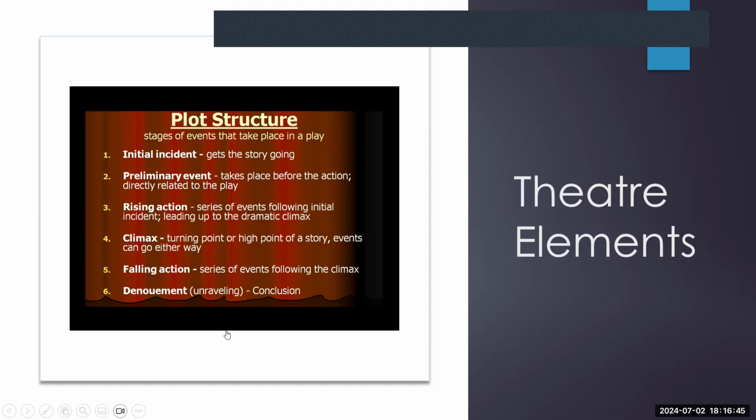Then we see the rising action. It's the series of events following the initial incident that lead up to the dramatic climax. Then we have the climax, which is the turning point or high point of the story, where events could go either way. Then we have the falling action, which is a series of events following the climax, followed by the denouement, or the unraveling, and conclusion.